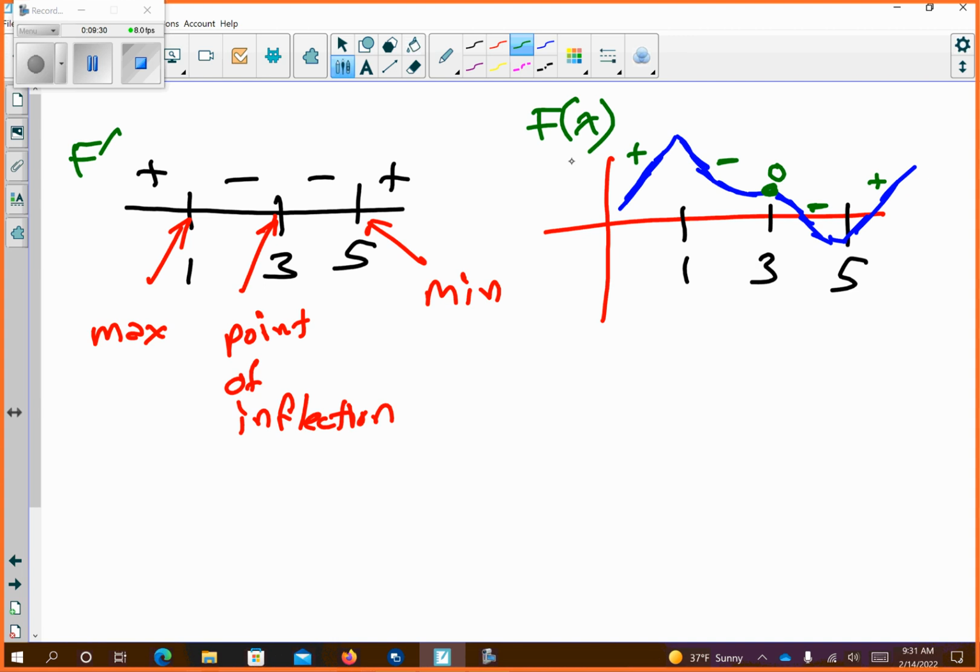All right, so that's example 1 on the back side of the 5-1 notes.